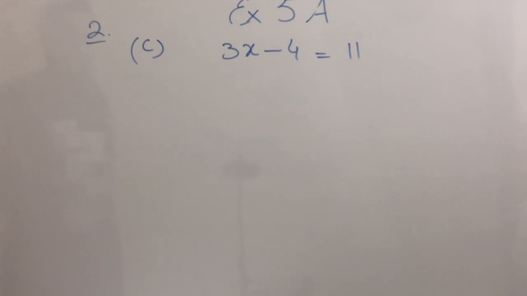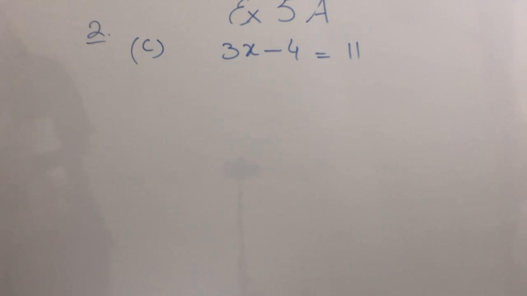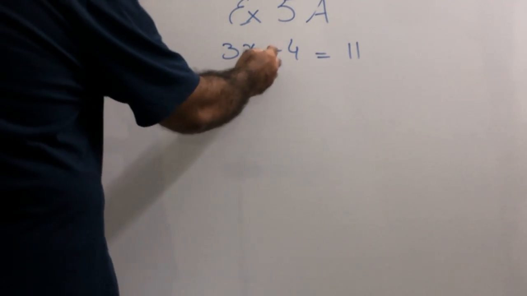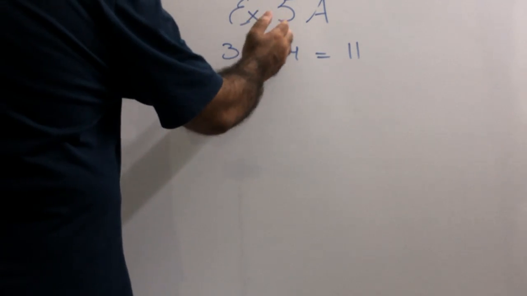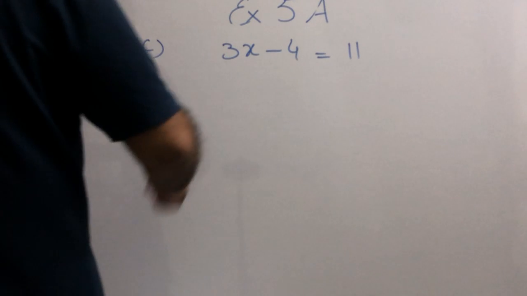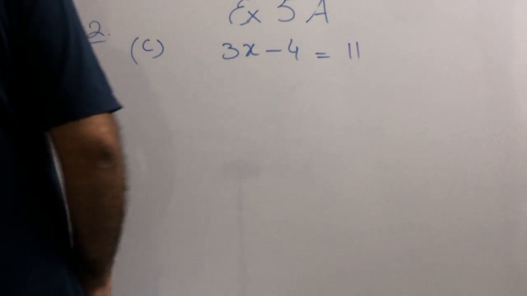To do that, remember one thing, that first we need to think about the numbers which are appearing as plus or minus. Okay, first we will be deciding the fate, the future of minus 4. After that we will be thinking about the future of 3.